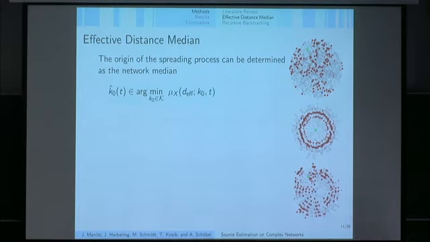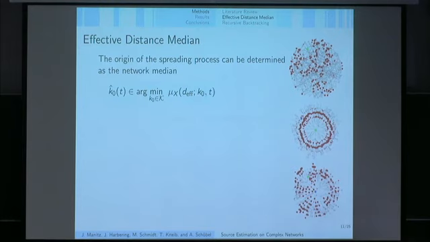It turned out, after speaking with the people from the applied math department, that this is actually a network median as it is defined in location theory. So that is already a concept. It gives us the advantage that we do not have to consider the variance of the spreading process, which tends to be a very unstable estimation.